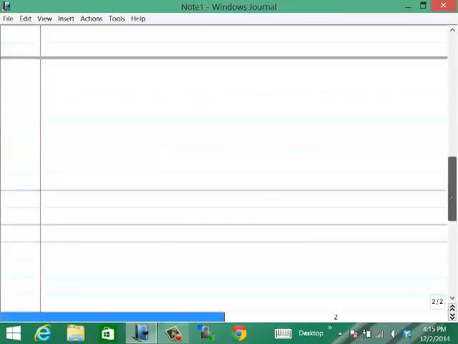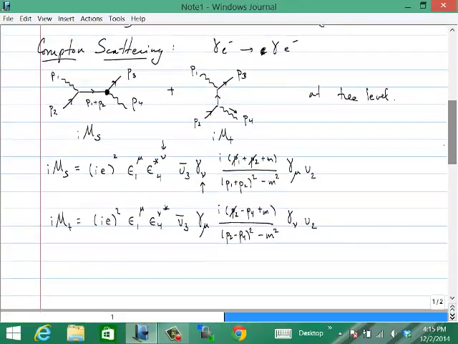Okay, so those are the scattering amplitudes. And if you care about the polarizations epsilon and u of the incoming and outgoing photons and electrons, if you know what they are, then you just plug that in and you compute it. Very often, we won't care about polarizations.